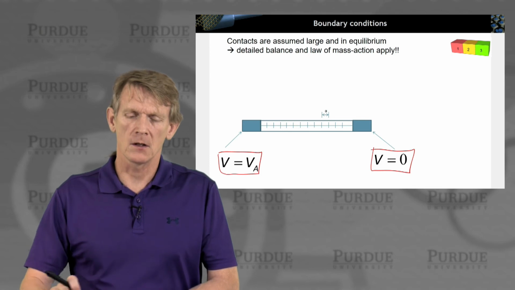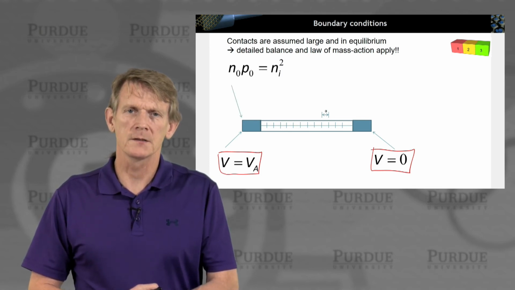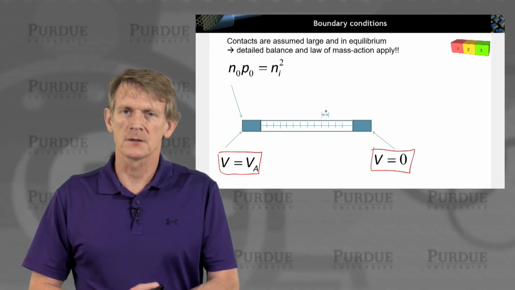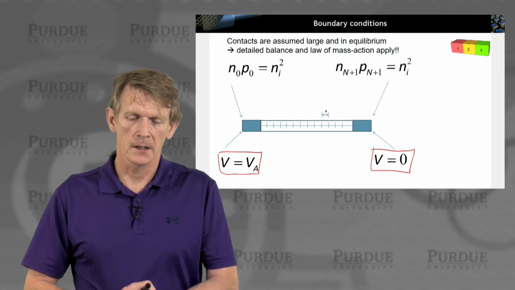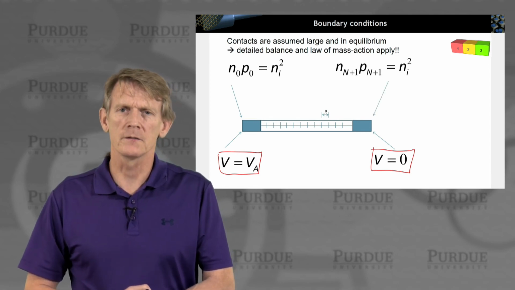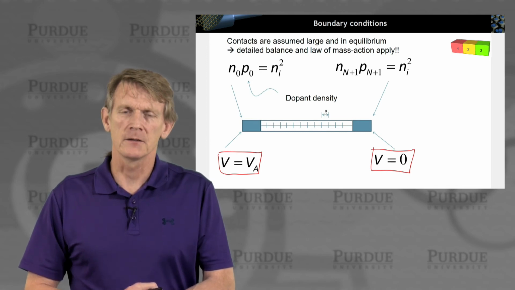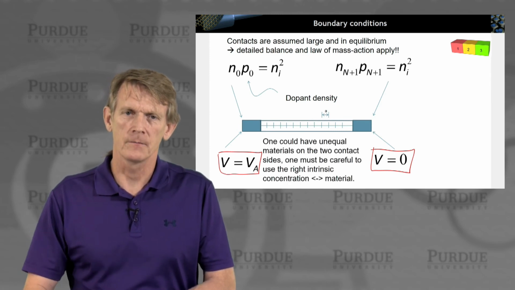And that means the law of mass action applies, and we can figure out what the electron density should be given a doping concentration, etc., on these edges. Okay, so we can do this for both of these edges, and given, say, a dopant density, we can figure out from the mass action law what the electron densities are.